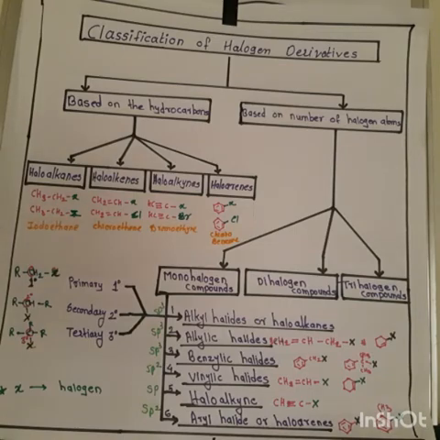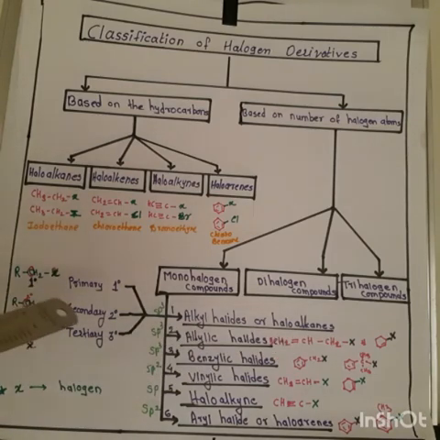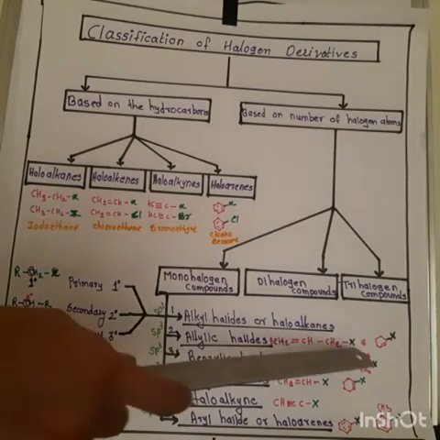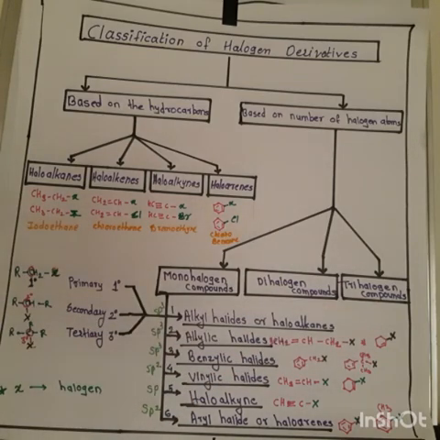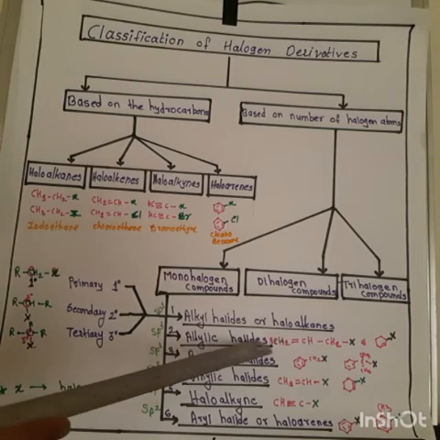Allylic halides. In allylic halides, the halogen is bonded to an sp3 hybridized carbon atom next to the carbon-carbon double bond. What are the allylic halides?